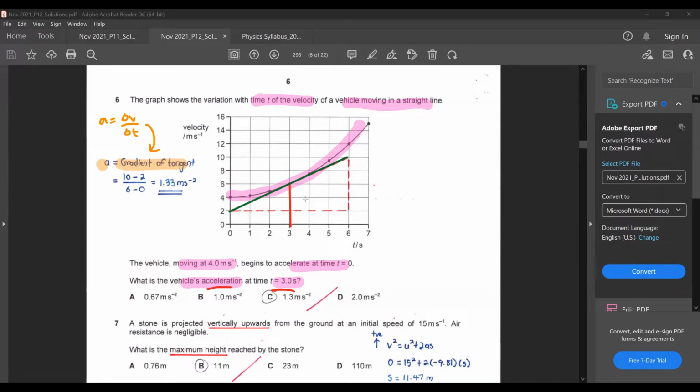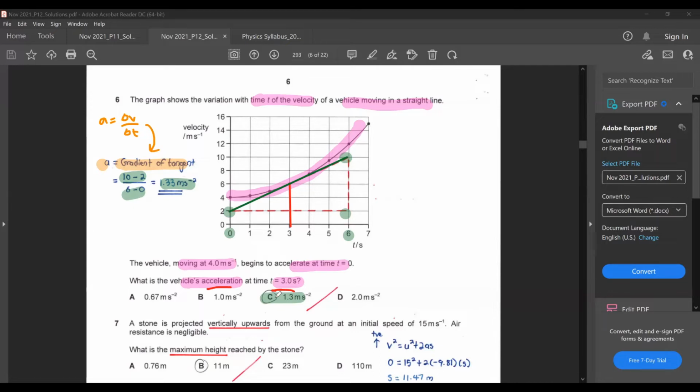So in my case, it was 10 minus 2 over 6 minus 0, giving me 1.33 meter per second squared. So answer is C. Now, when you draw a tangent, everyone's tangent will be different.